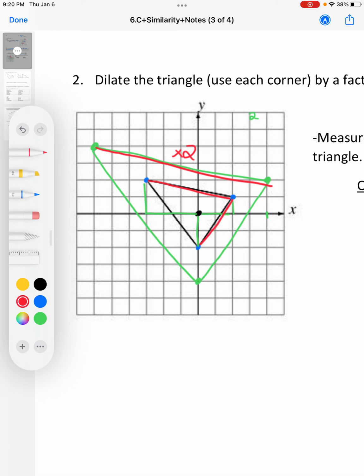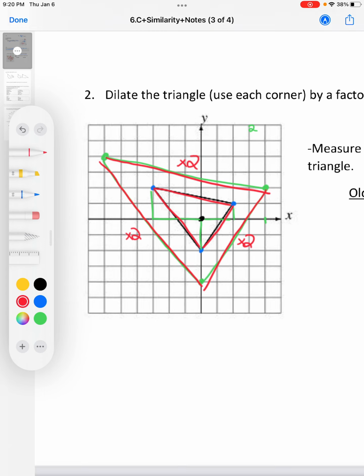This right here is going to be 2 times bigger. And this long distance right here is going to be 2 times bigger than that distance. Every single one of the side lengths was also multiplied by 2. We stretched it by a factor of 2.